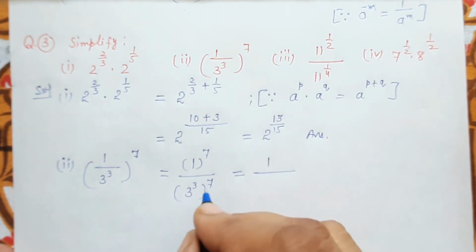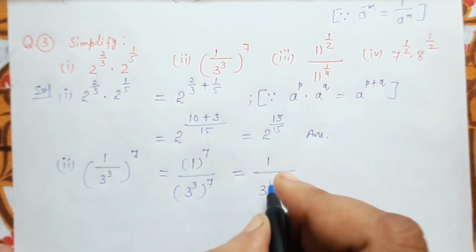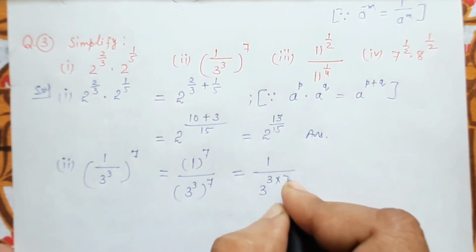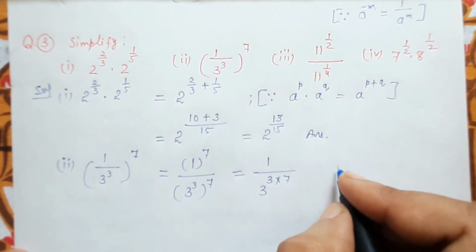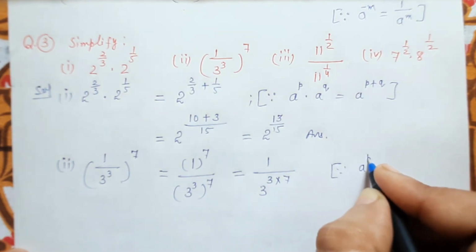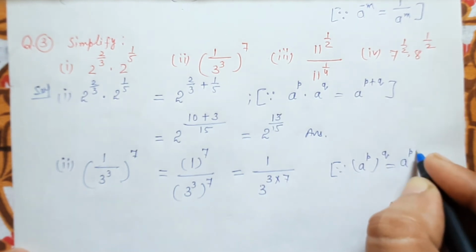And here we'll apply the power of a power law of exponents, 3 into 7, since a raised to power p and whole power q is equal to a raised to power pq.